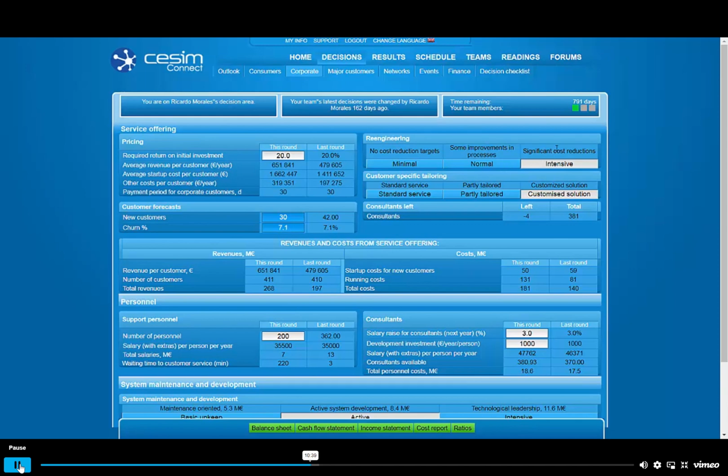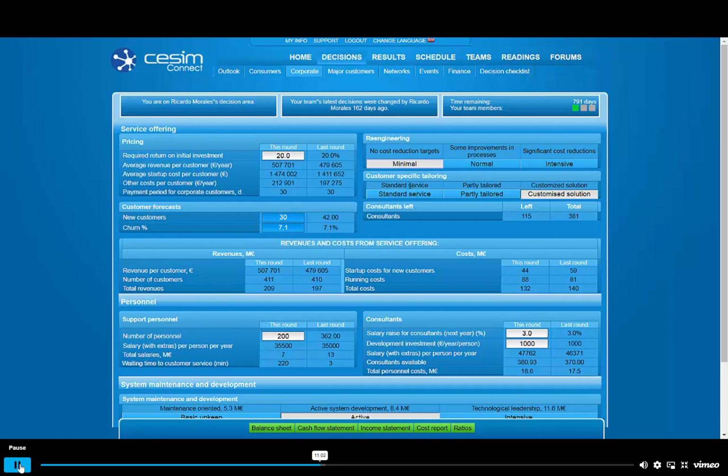So if we want to offer significant cost reductions to the customers, then we choose this intensive dimension for the solution. If we don't want to do that, then we choose the minimal, and the resource usage is dependent on what we offer. So the more complex the solution, the more we need our own consultants for the integration work.